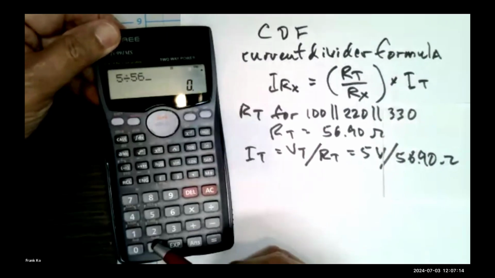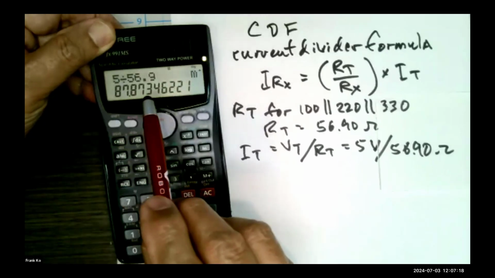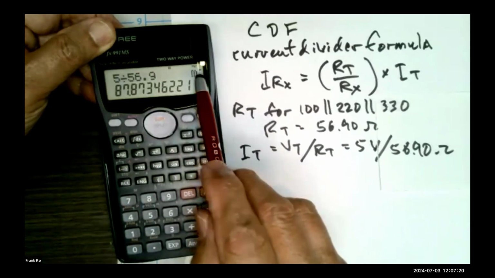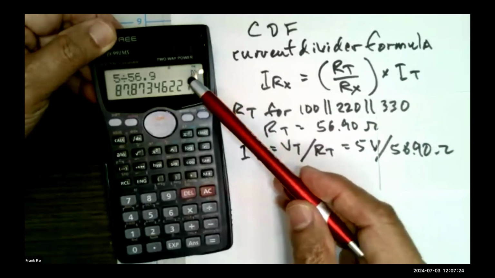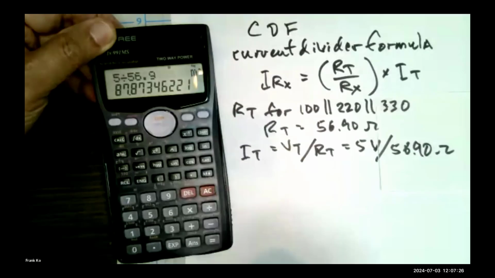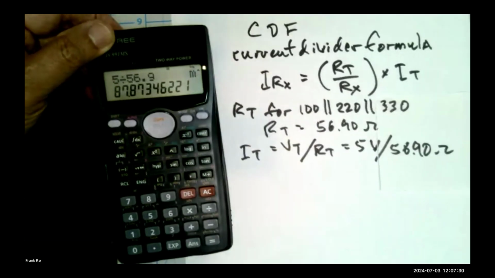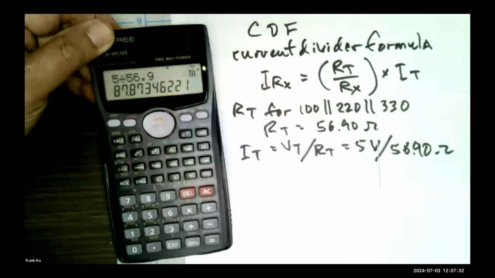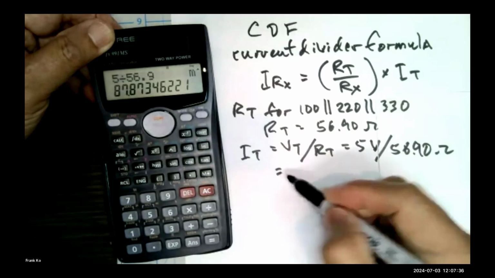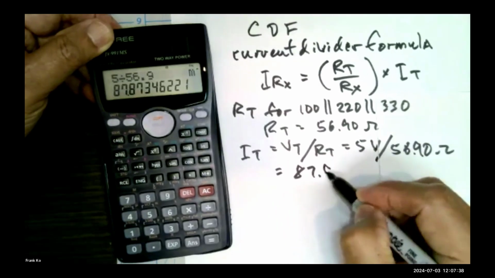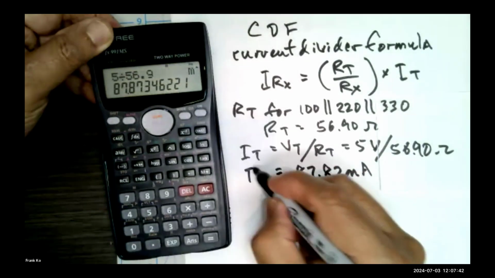So 56.9 equals, and I have 87.87 milli. Now, you might not have a prefix calculator. Yours would show 10 to the minus 3. And if it shows 10 to the minus 3, then you're going to need to go to your handy dandy engineering prefix chart and know that it's supposed to be milli. But anyway, we will have IT is equal to 87.87 milliamps. All right, that's my IT.